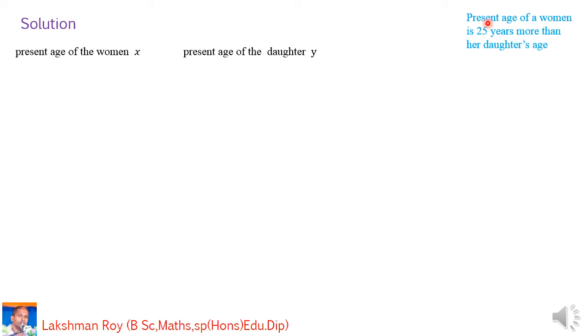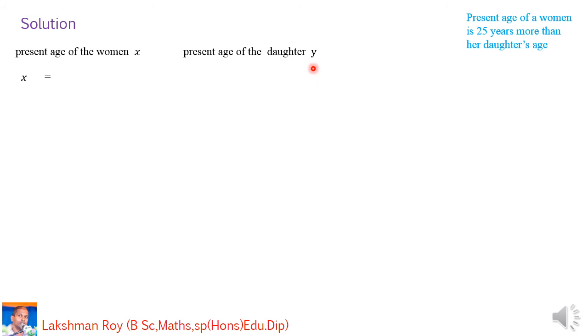The present age of the woman is x, that means equal. Twenty-five years more than means you have to add.